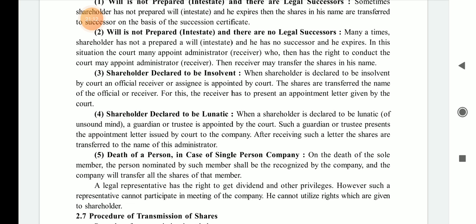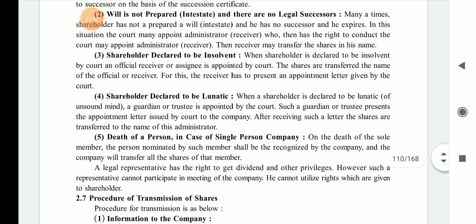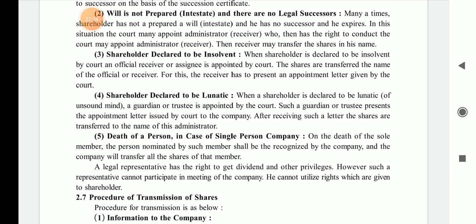Say for example, a person who is a shareholder of the company, due to an unnatural condition, becomes of lunatic mind. At that time, the company or court may appoint a guardian or trustee.